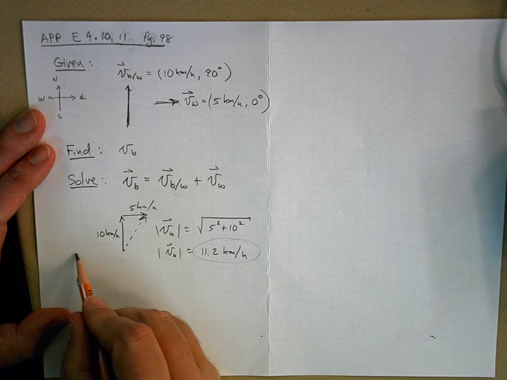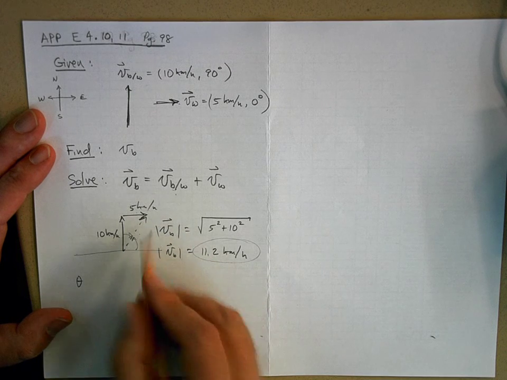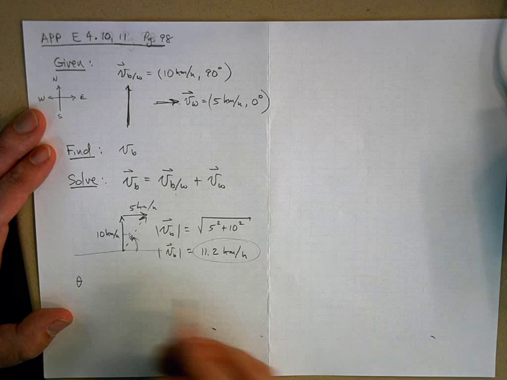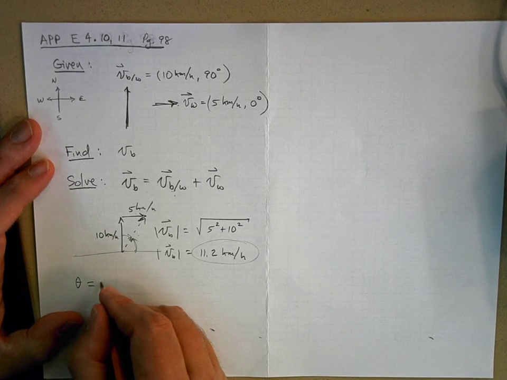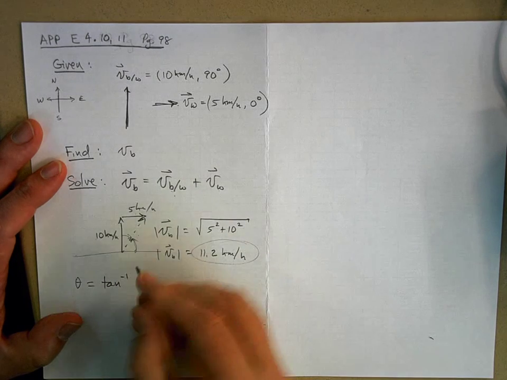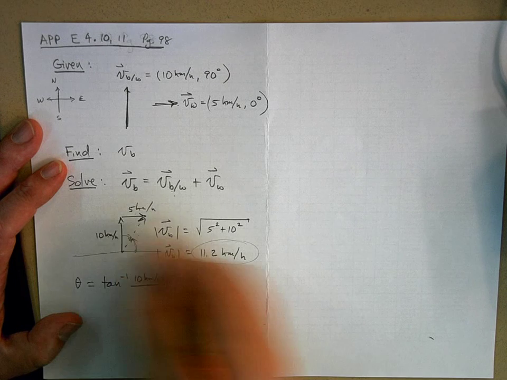What I want to do is, what angle do I want? Do I want this angle or do I want this angle? Well, I want this angle right here. So the angle of this is going to be the inverse tangent of the y stuff over the horizontal stuff.